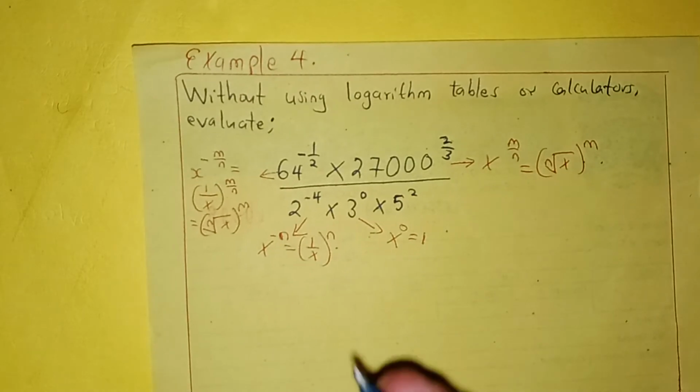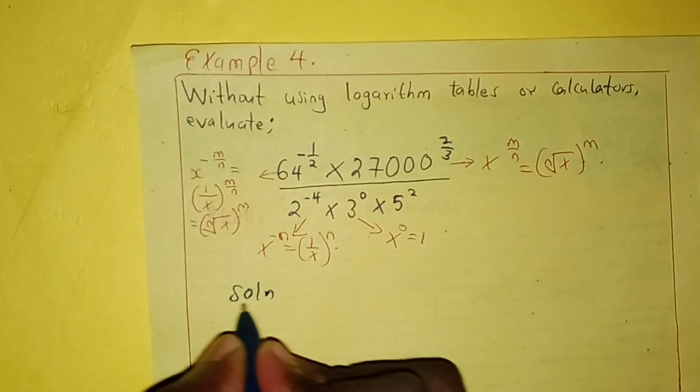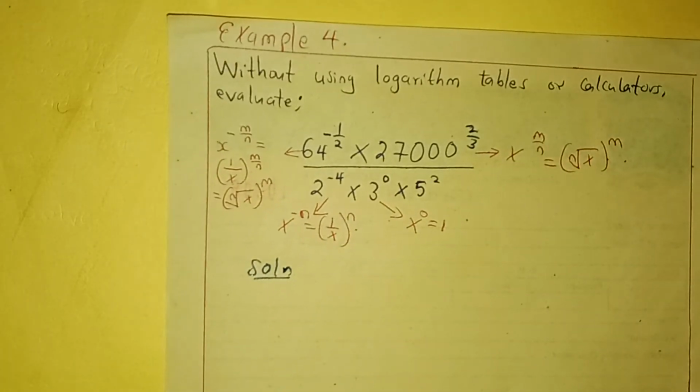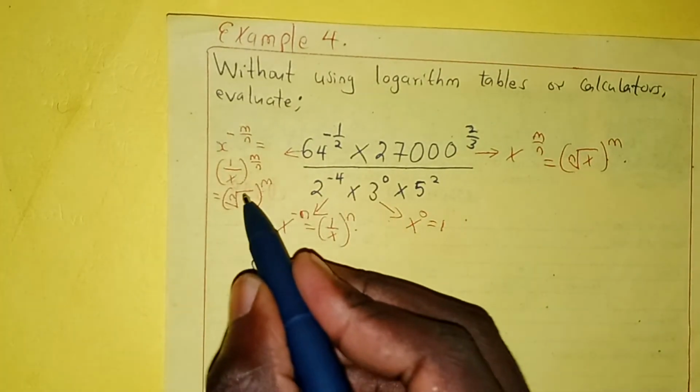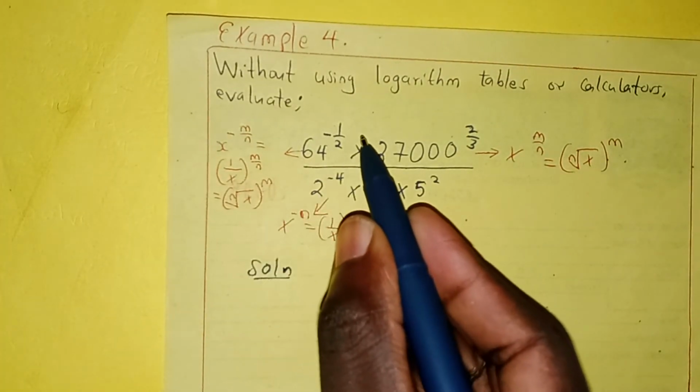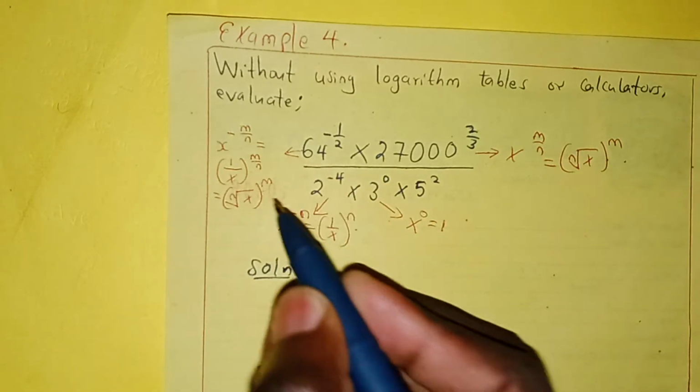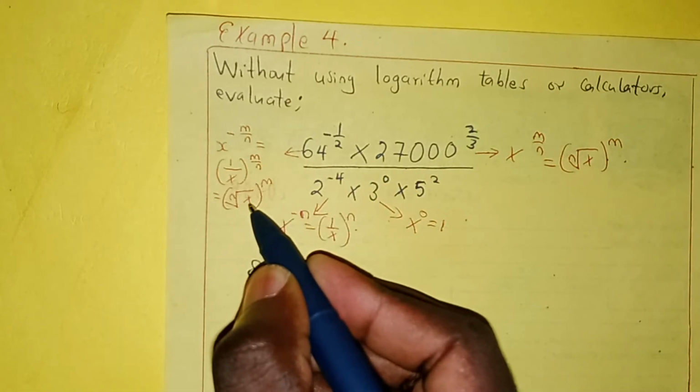Now solution. Now applying this law here, our n is 2, our m is 1, and our x is 64.